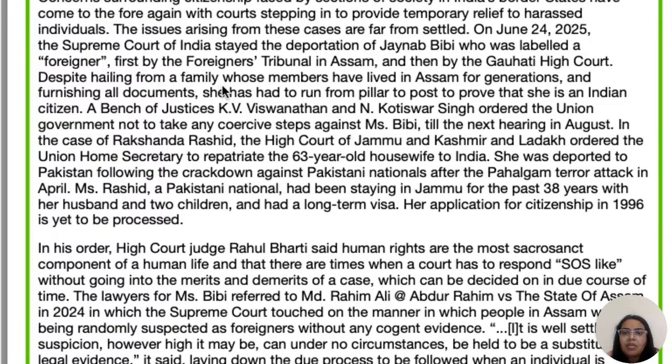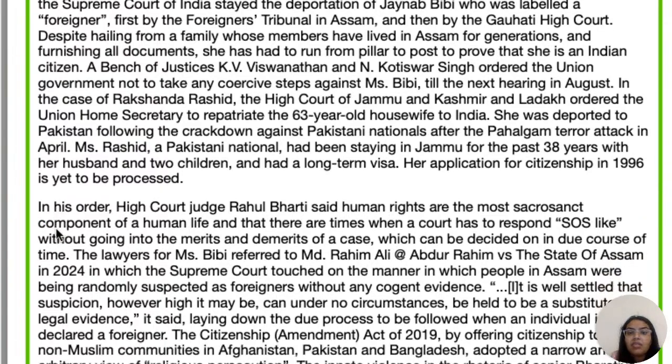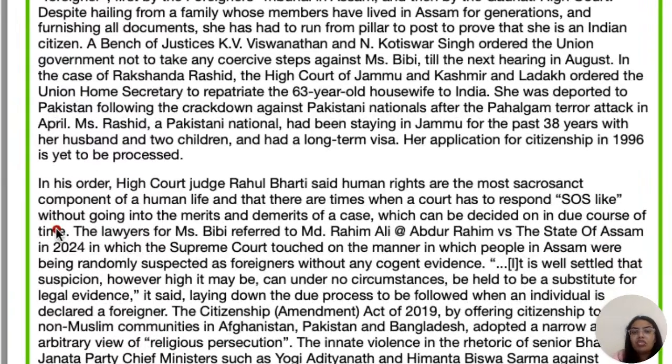Despite hailing from a family, now here is the contrast, that the person comes from a family whose members have lived in Assam for generations, and furnishing all documents means presenting all documents. She has had to run from pillar to post, means everywhere, to prove that she is an Indian citizen. So she has to run and reach out to every person who can help her just to prove that she is an Indian.